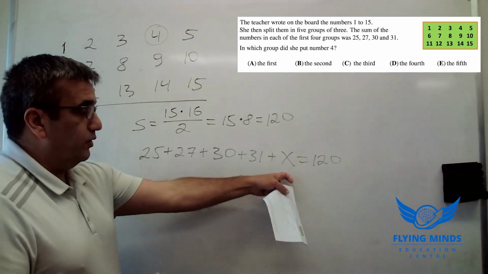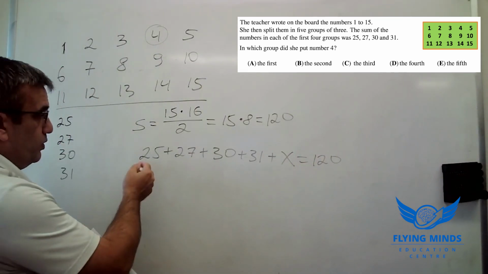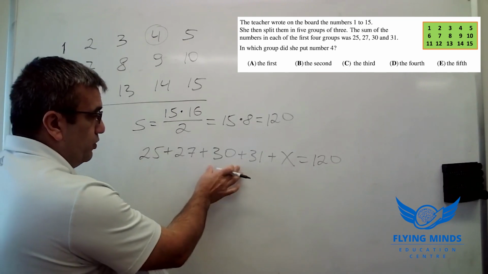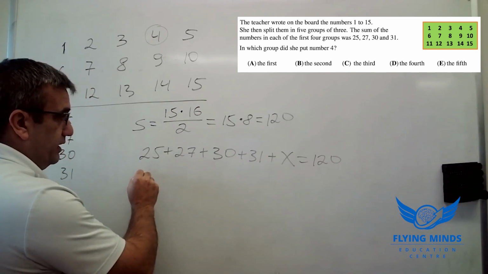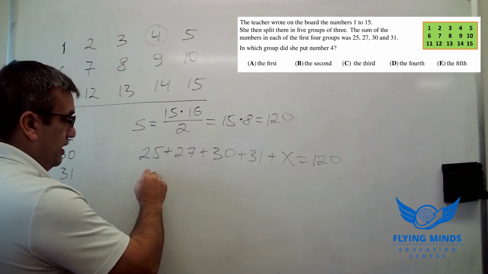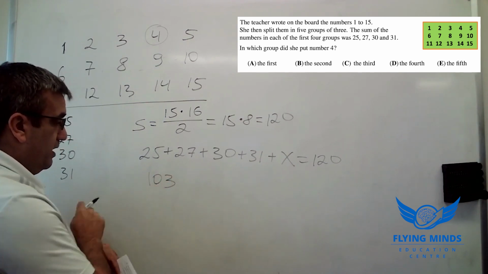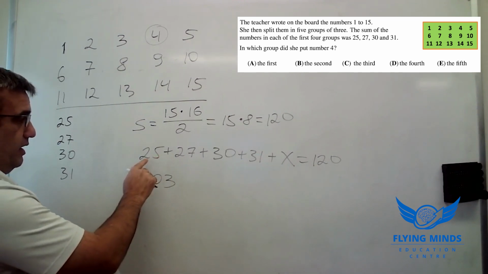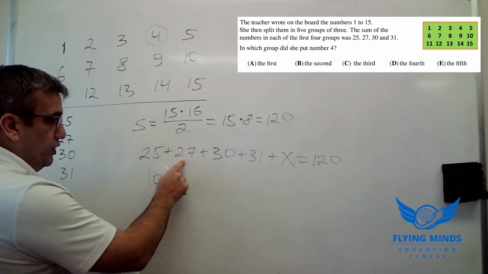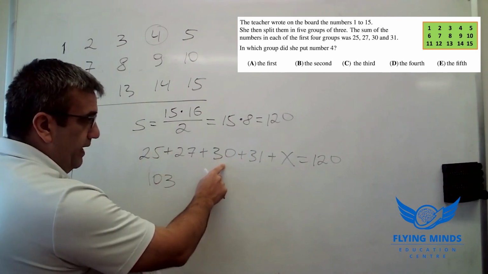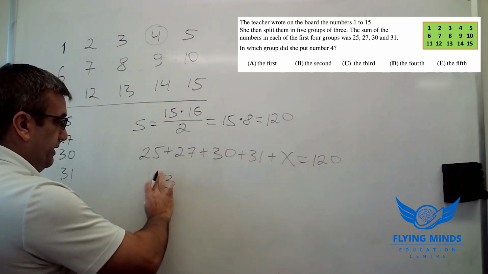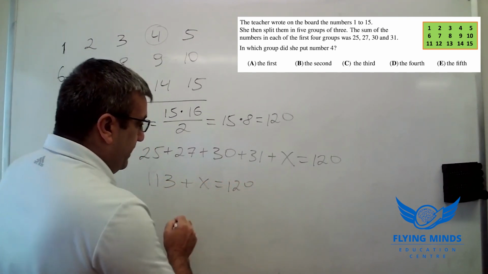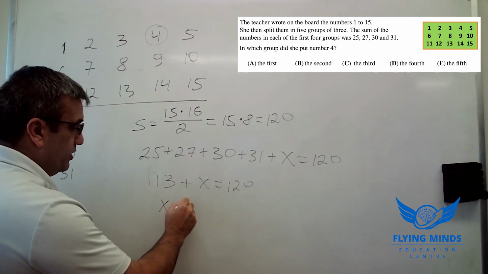And from here we can calculate X. So 25 plus 27 is 52, 82, so 113. Now let's recalculate, I think I made an error. So 113 plus X equals 120, and from here X equals 7.